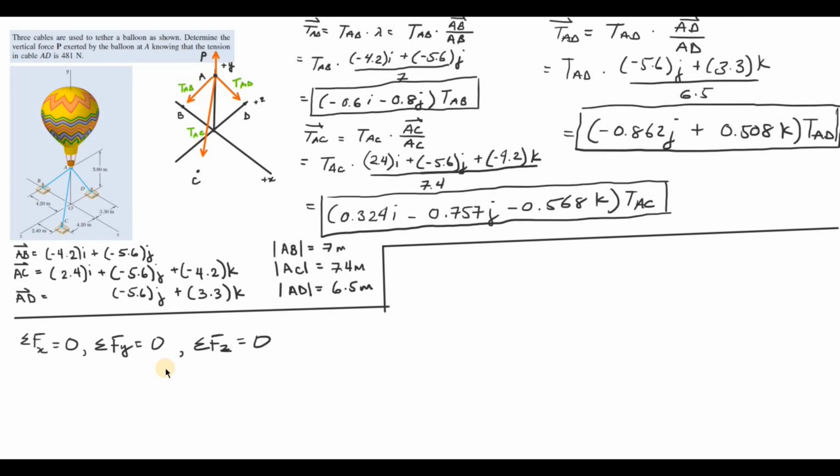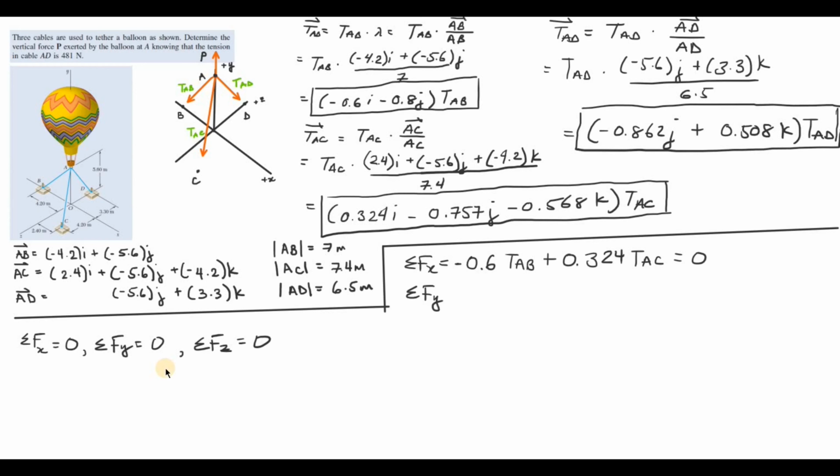So the sum of the forces in the x is minus 0.6 times tension AB plus 0.324 times tension AC, and that's equal to 0. So we took the components in the x direction and equated them to 0. We're going to do the same for the sum of the forces in the y and z.